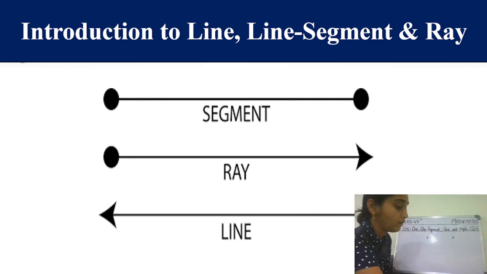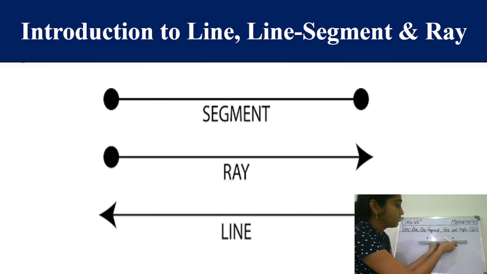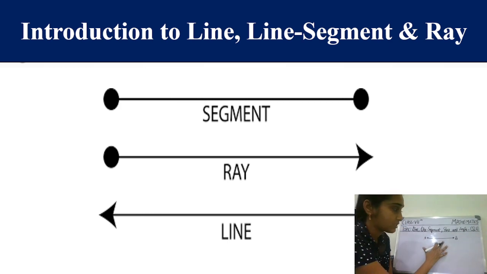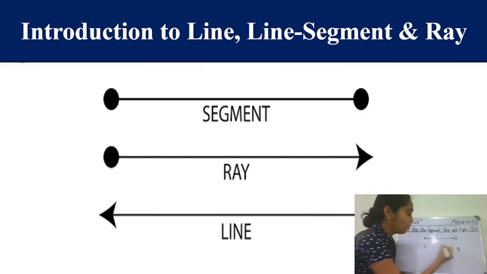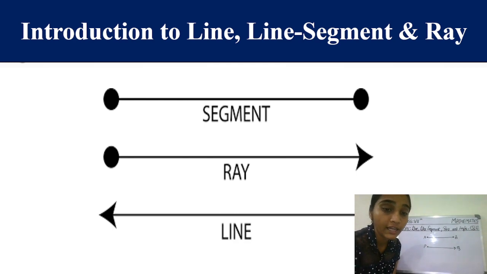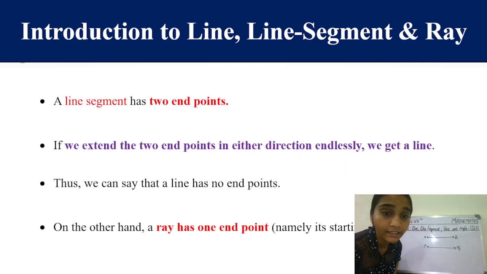So if we have a line segment AB, we can say AB is a line segment because it has two endpoints. And what about a ray? If I give it the name P and Q, yes, the ray PQ has only one endpoint. And what about a line, students? Yes, a line does not have any endpoints.